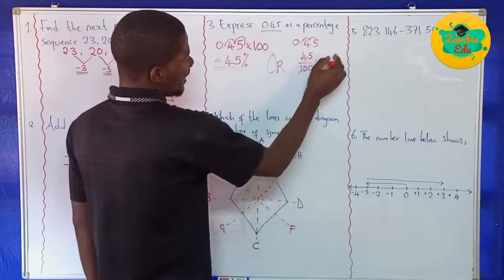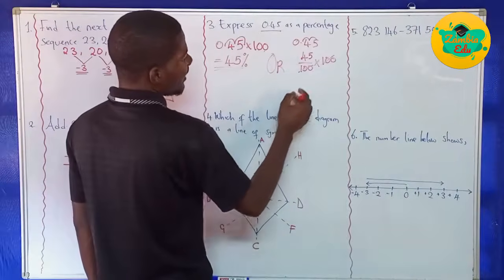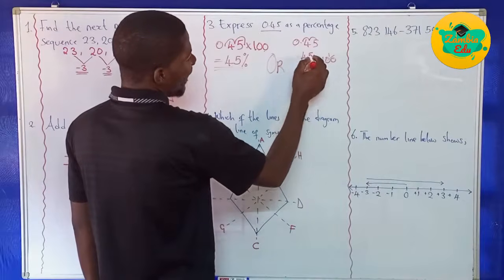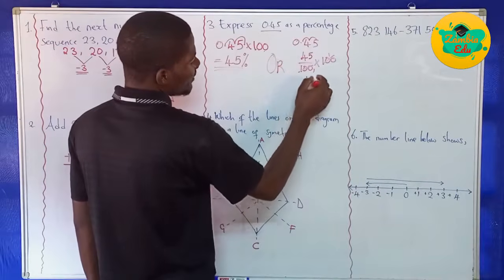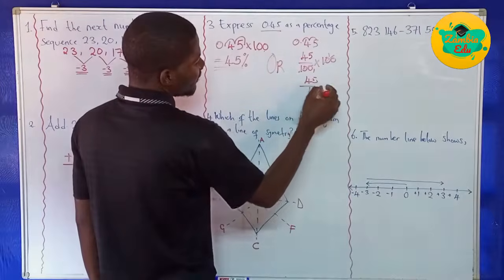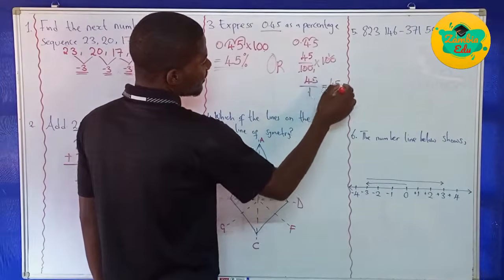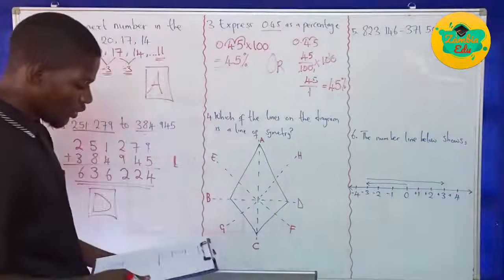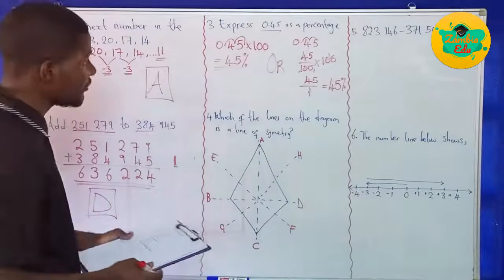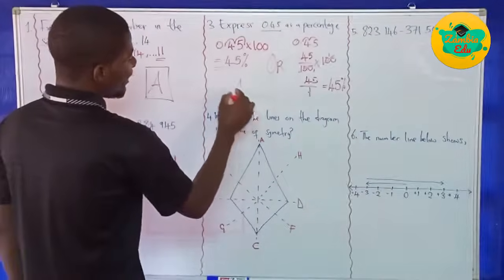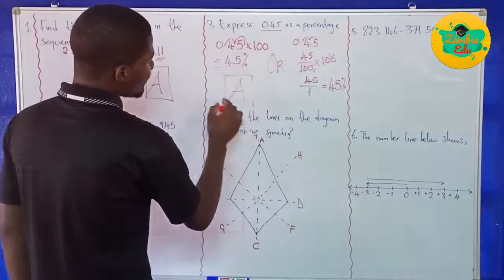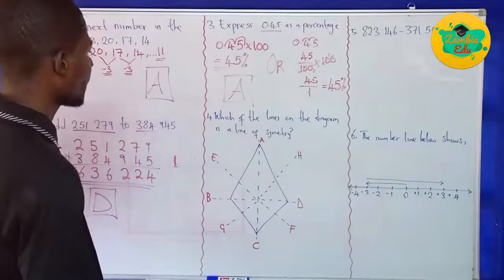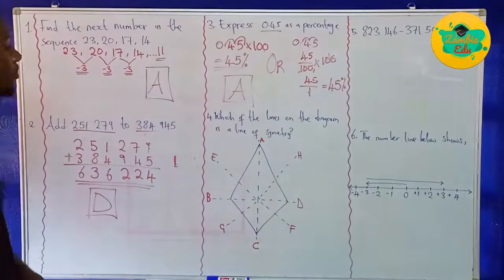However, 100 and 100 will cancel each other, leaving a 1 there and a 1 there. So 45 times 1 is still 45 over 1, which still gives you 45%. So 45% according to our multiple choice on number 3 was option A, and therefore our answer for number 3 was A. We move to number 4.